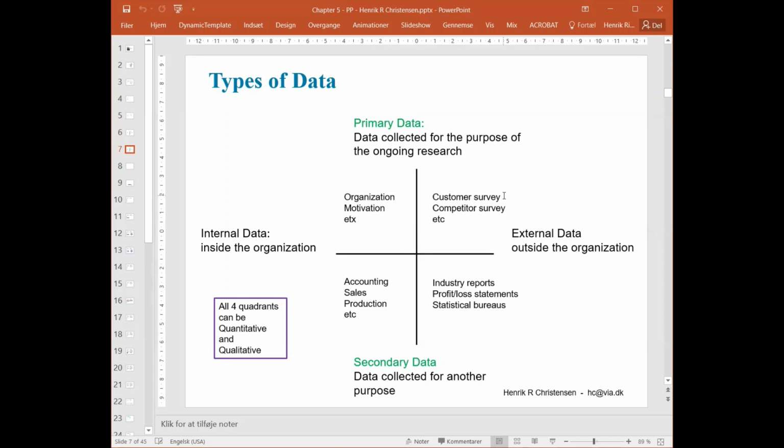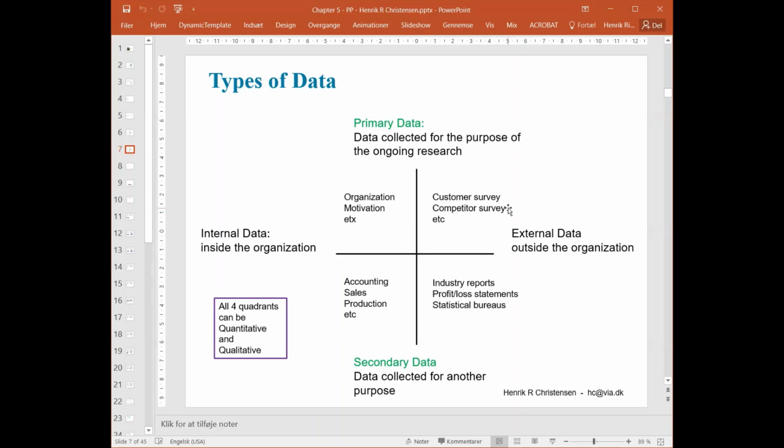We could do a survey, we could do personal interviews, etc. And if we want to collect primary data for our purpose, about competitors, we could make observations about what competitors do, but it would be something that is primary regarding our purpose and something that nobody else has already collected.